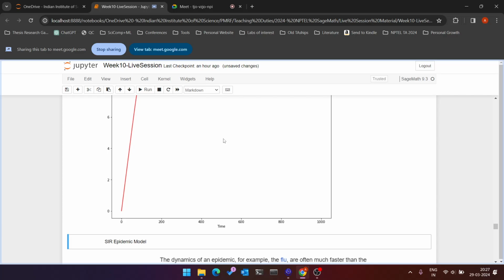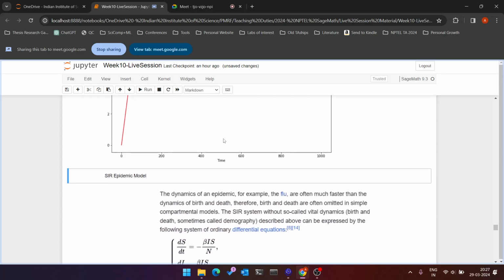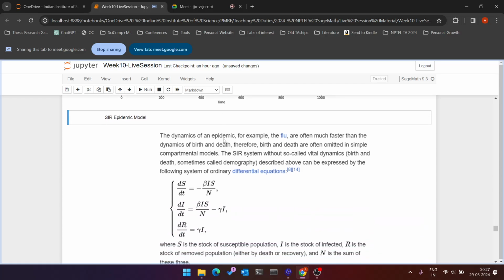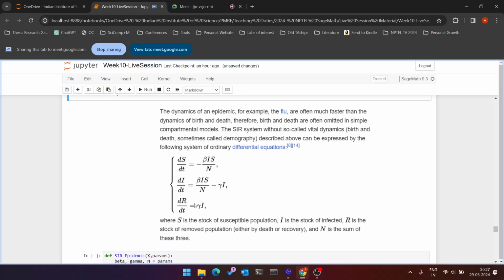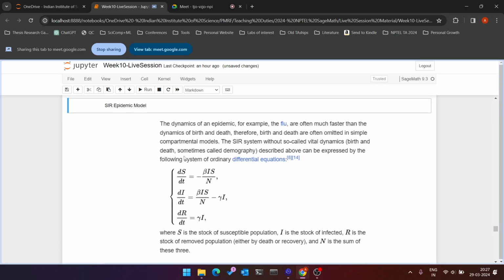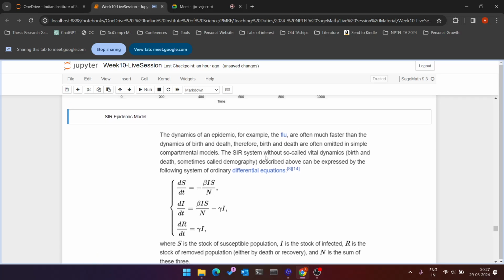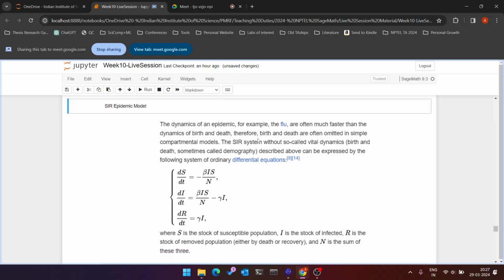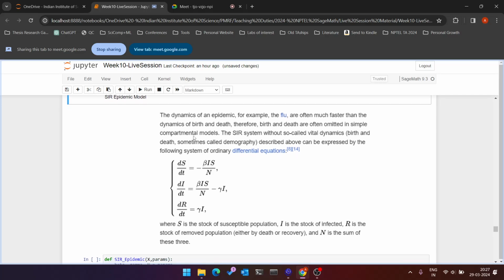So to get the dynamics into the model, we use the SIR epidemic model, which is basically my susceptible, infected, and recovered population. Again, same assumptions: no birth, no death. That holds true because the dynamics of the epidemic is much faster than the dynamics of birth and death.